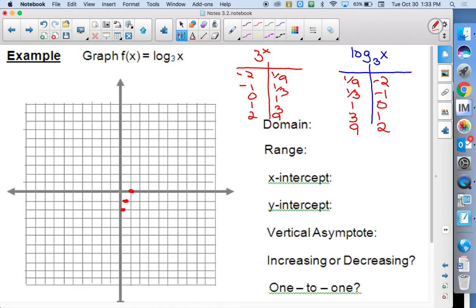Where before we had a point at (0, 1) for the y-intercept, now we have an x-intercept. So this graph should skim along the y-axis, whereas the graph above skims along the x-axis.